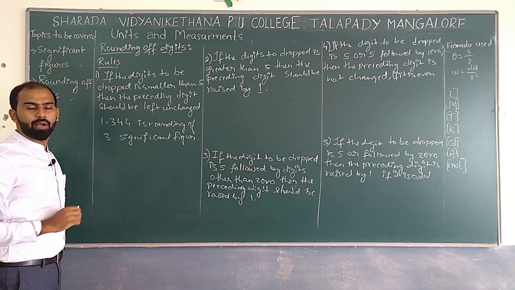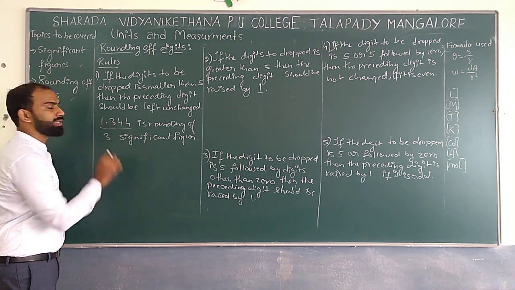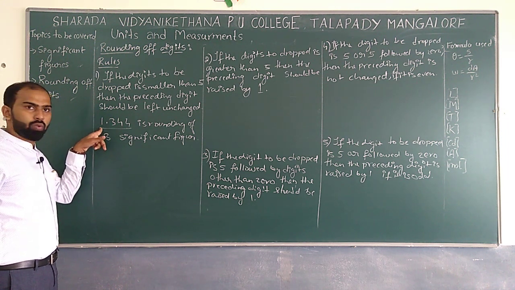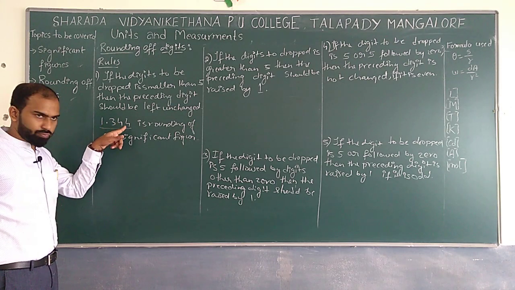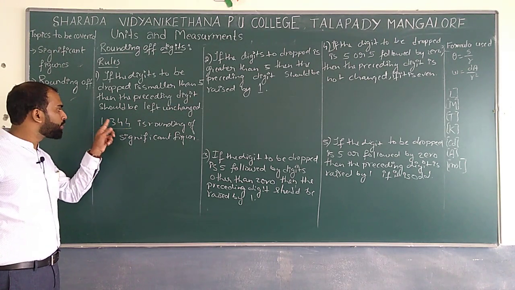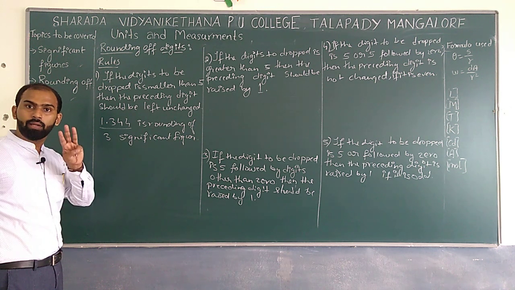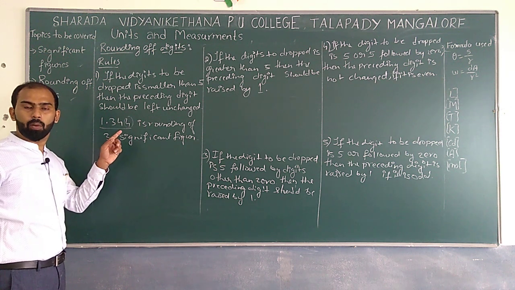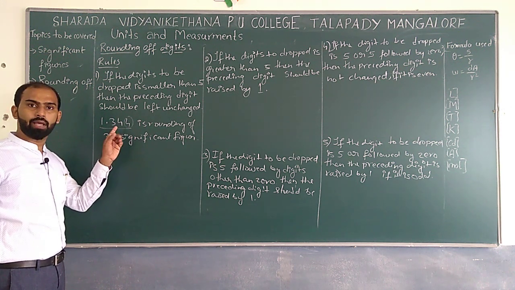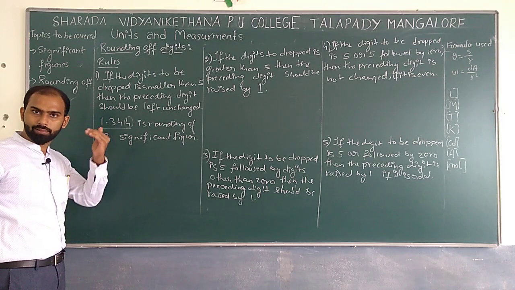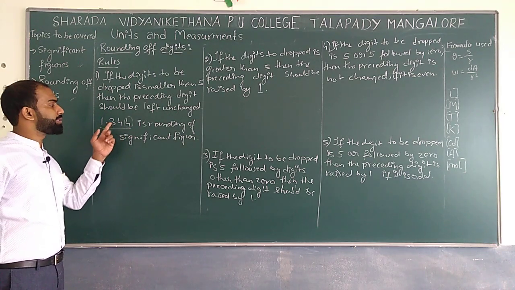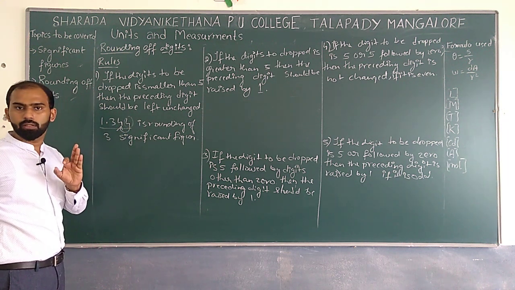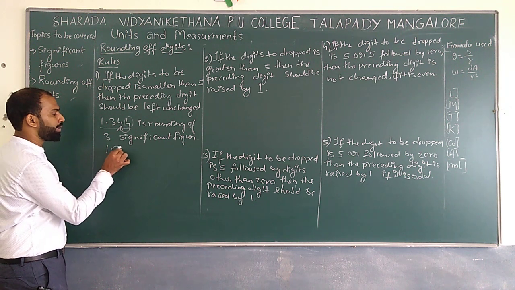So this is the number they have given. I get the question. Let us say how many significant figures are there in the given number? 4 significant. In the sense, the MSF is 1 and the LSF is 4. So how many digits are there in between? 1, 2, 3, 4. But I need only 3 digits, so I can drop this 4, and while dropping you have to check whether this 4 is greater than 5 or lesser than 5. If it is lesser than 5, the previous digit should be retained as it is. It is not going to change. So the answer should be 1.34.